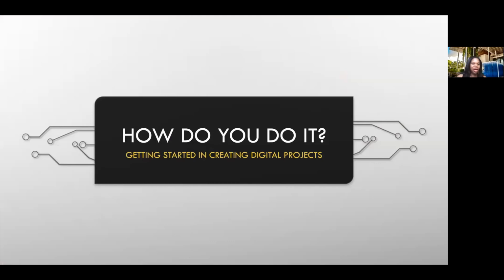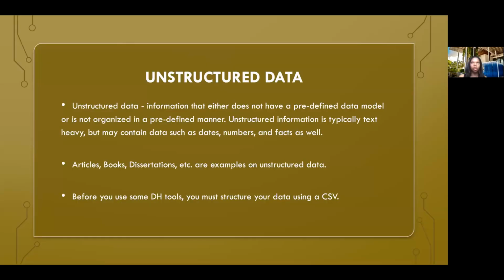So how do we go about creating digital projects? The next few slides are going to go over very functional ways of organizing your data. Unstructured data is information that either does not have a predefined data model or is not organized in a predefined manner.